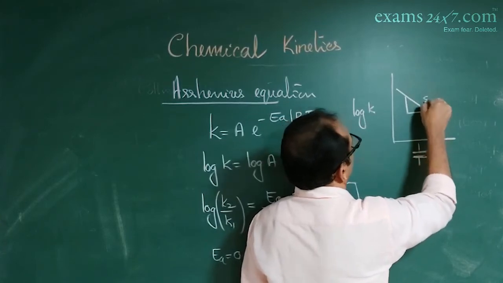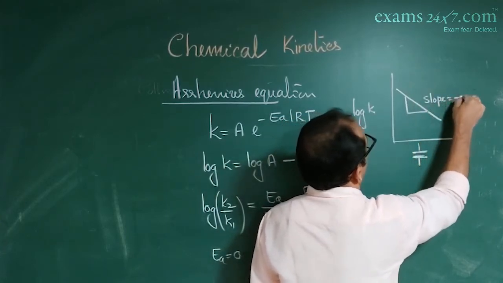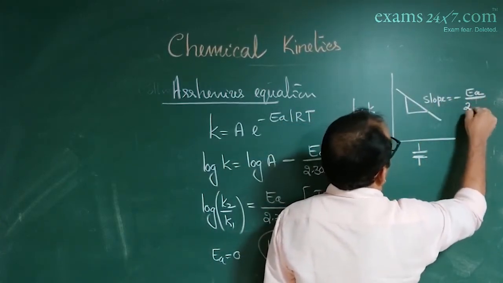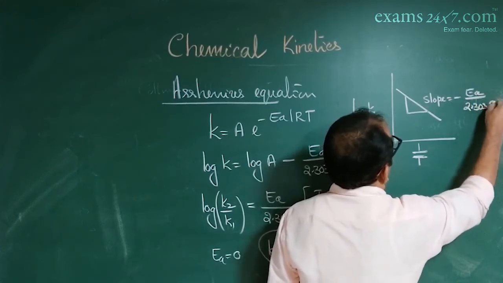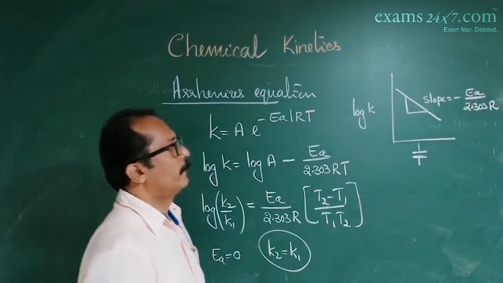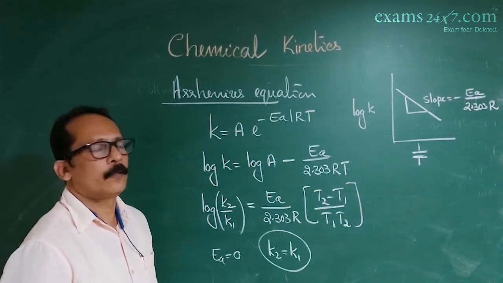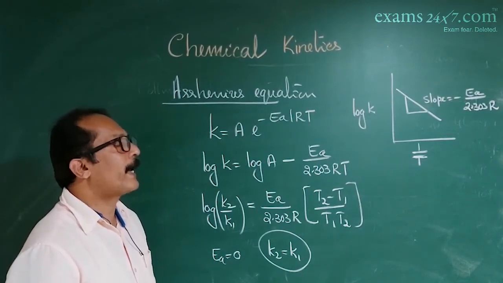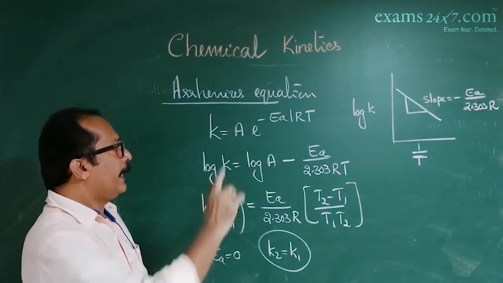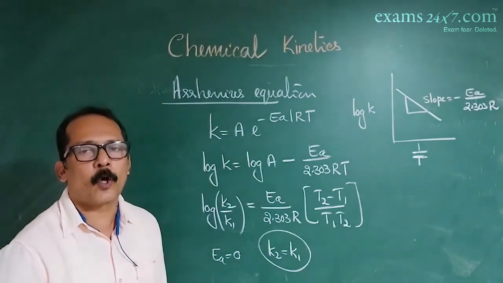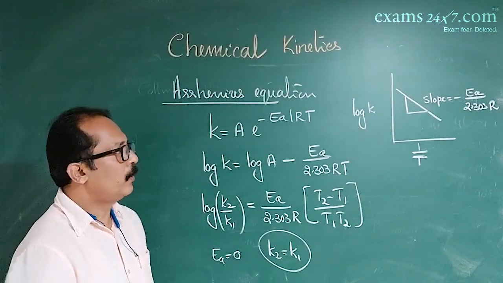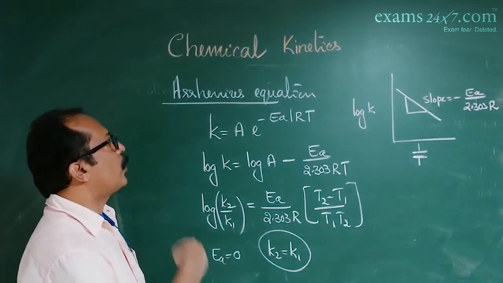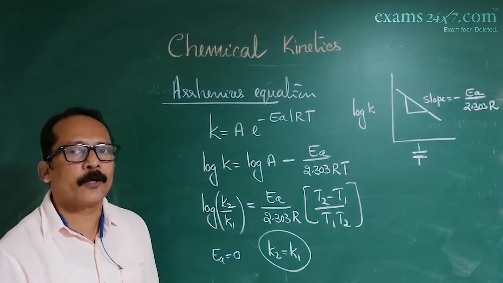Slope of the graph is equals to minus EA by 2.303 R. So by knowing the slope, we can calculate energy of activation. Intercept shows log A. So from the graphical representation also, we can determine the energy of activation.